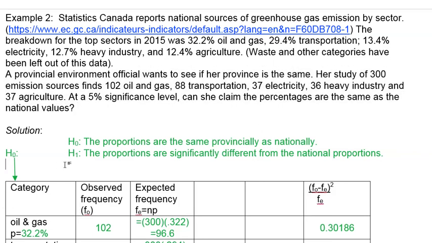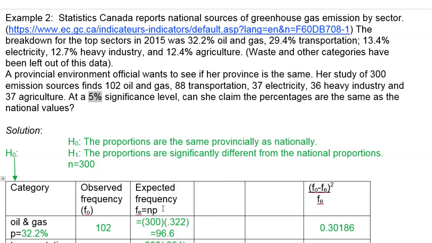We should maybe write that one in. Word always wants to capitalize. And our first observed is 102, second is 88, third is 37, and so on. Alpha is 5% again. So we do this calculation for each one of these.